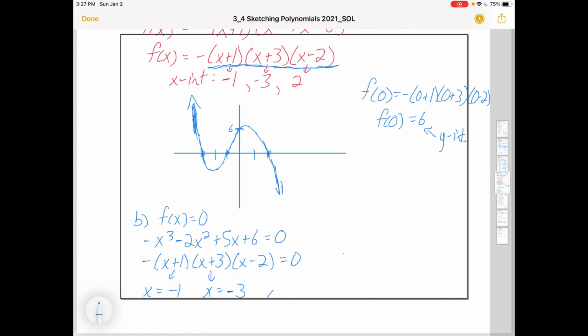The solutions to the function equals 0 are the same as the x-intercepts on the graph. That's their graphical meaning. To solve a higher order polynomial equation, you want to factor it, but you don't want to have to do it from scratch if you can avoid it. We already put in all the grunt work here to factor f of x, so let's just use the result by writing it in factored form and then easily seeing the answers.